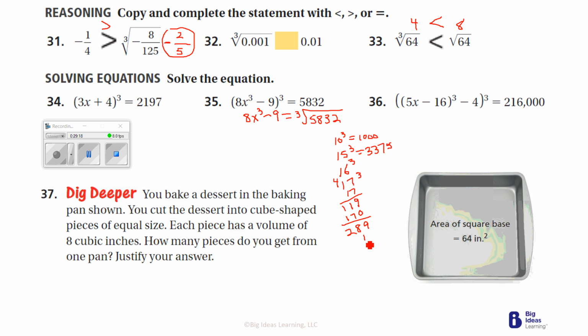Now I have to multiply it by 17 again for that third power. 9 times 7 is 63. So that would be a 3. This would be 14 plus 6 is 20.